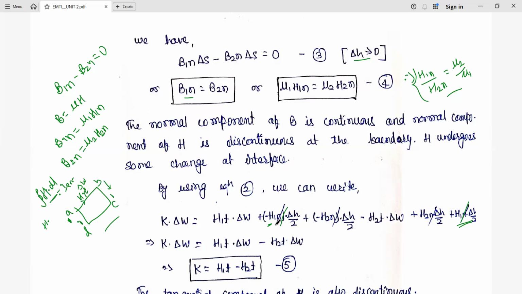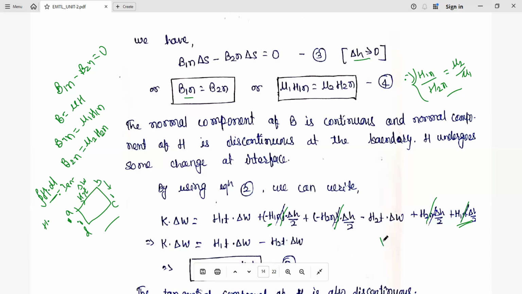So we only have to take care of the direction of the magnetic field. If you are moving in the same direction, take positive. Opposite direction, you take negative. And the H2n components are also going to be cancelled. So finally we are left with K into del W equal to H1T into del W minus H2T del W. So again, this del W is going to get cancelled here.